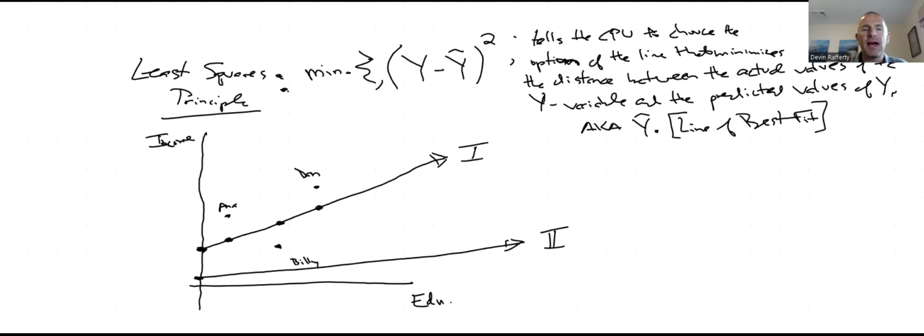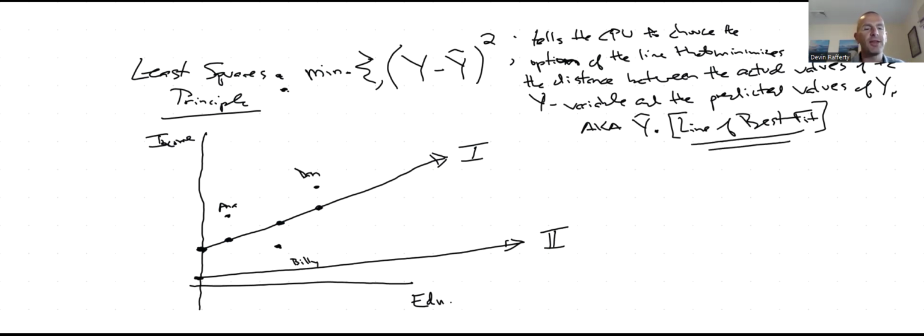So pick the line that has the smallest distance between the actual values and the predicted values, which are on the line. Once you have the line that has the smallest distance between the actual values and the predicted values, then you end up with the line of best fit.